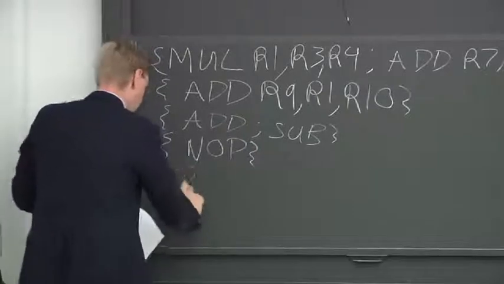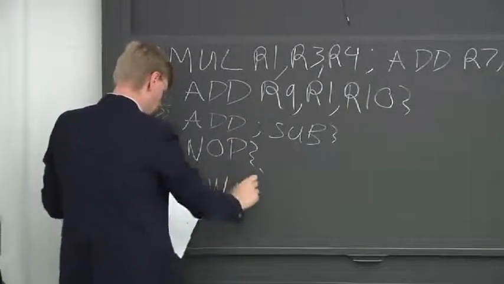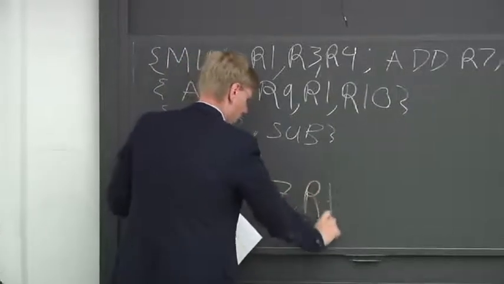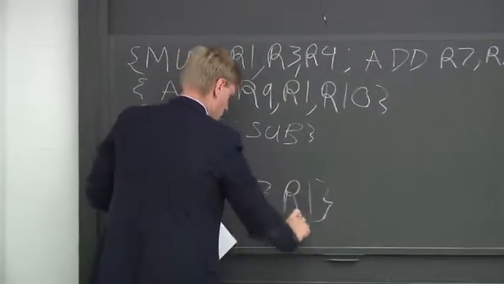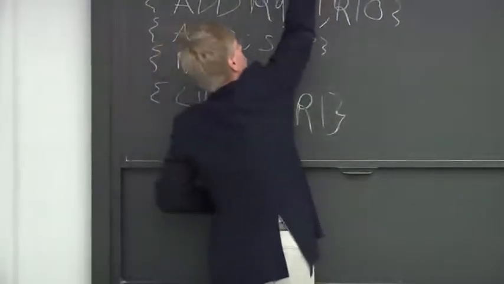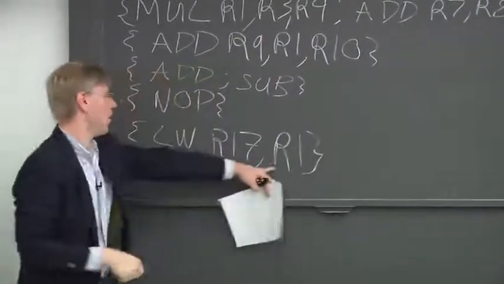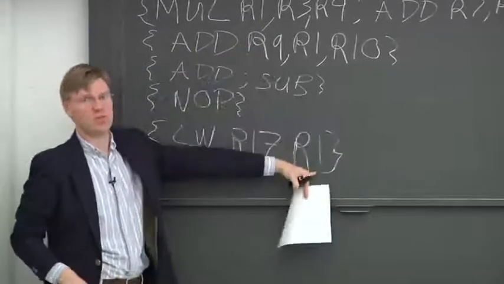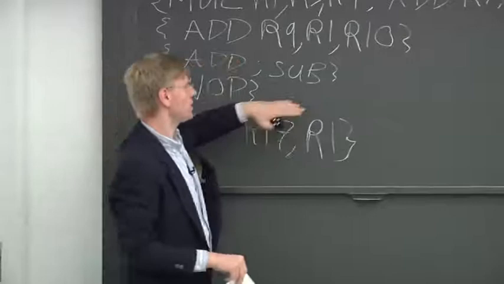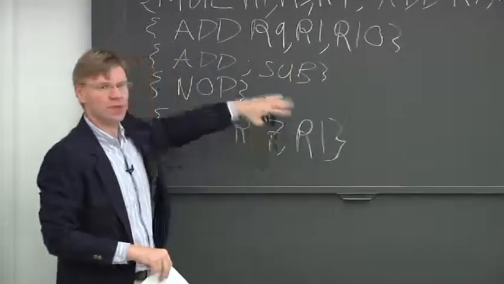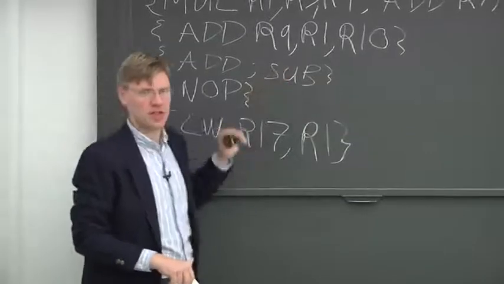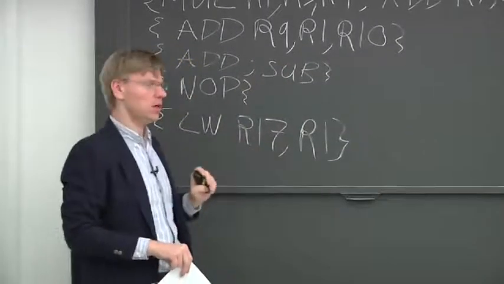And then finally, down here, we have something which does a load of R1 and gets the result of this multiply. So all I'm trying to get across here is that this is a scheduling model of what the compiler needs to do and where it needs to place code. It's not a hardware problem.